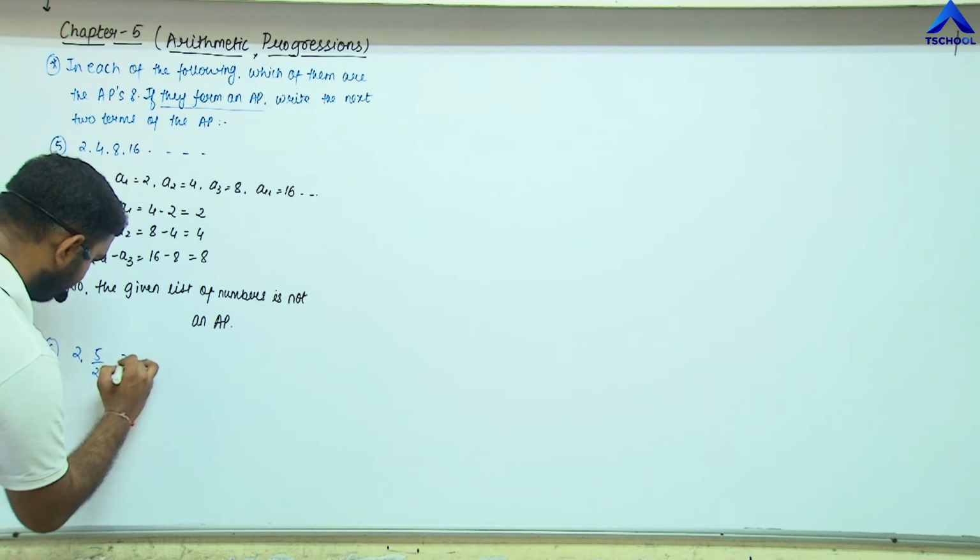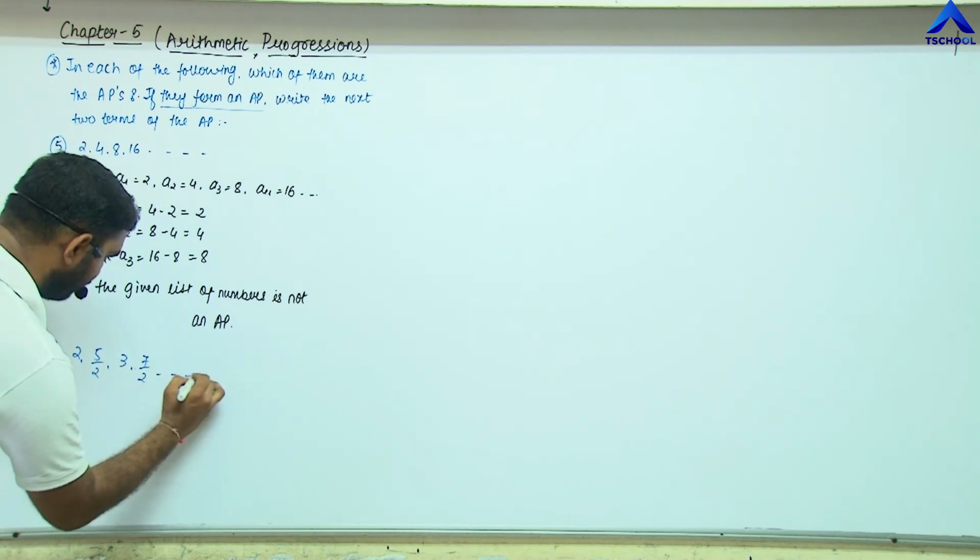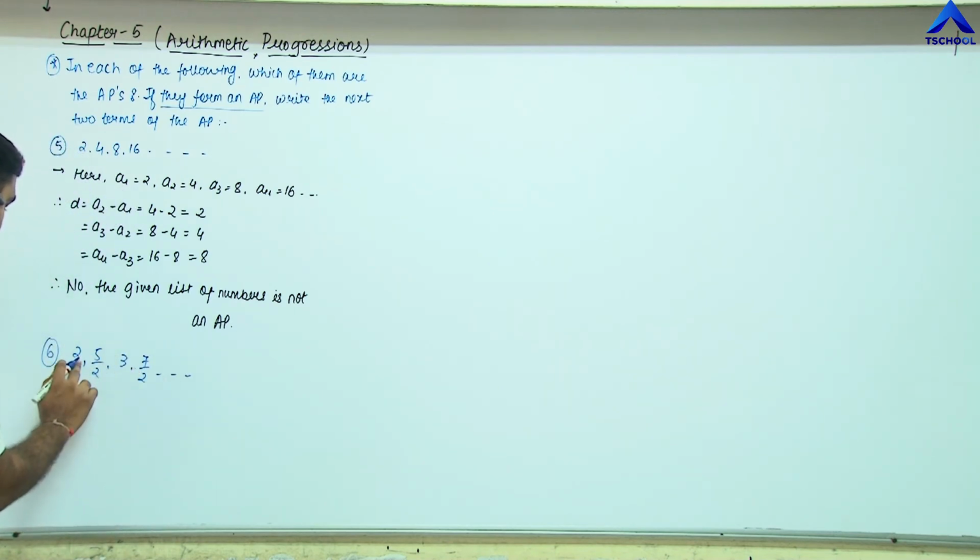5 by 2, 3, 7 by 2, and so on. Okay, 2, 5 by 2, 3, 7 by 2 and so on. So if I mention down here whether the given list of numbers forms an AP or not, then how can you find out? Here is the difference.